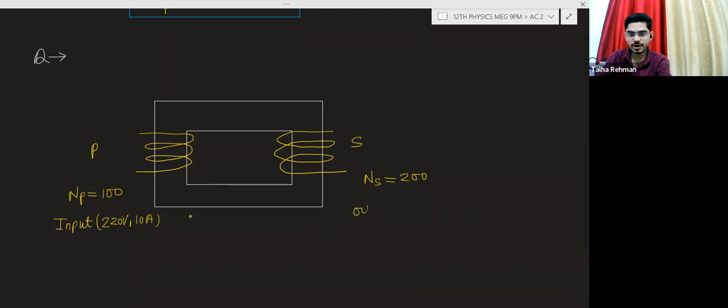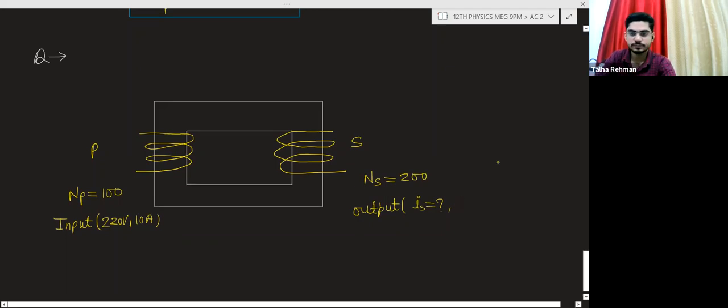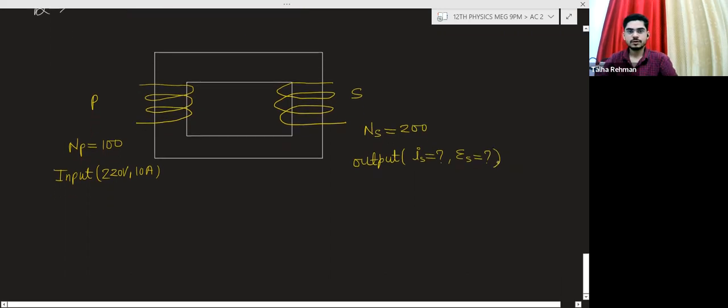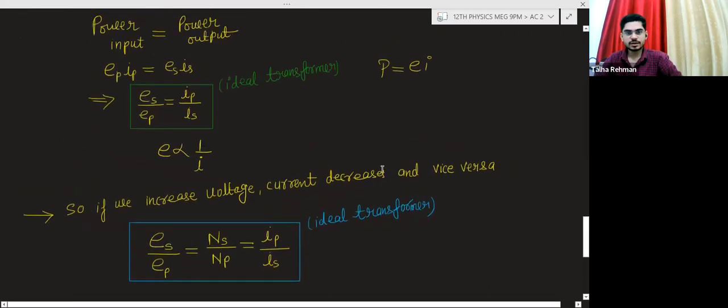We want to find the output. Output means we want the output current in the secondary coil, and we want the voltage or EMF in the secondary coil. This we want to find. Okay, use this formula.